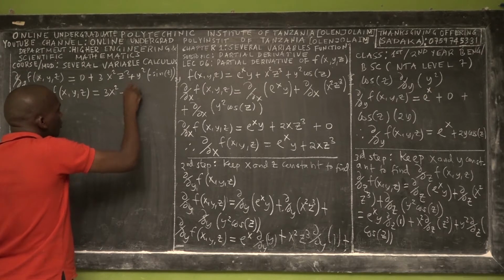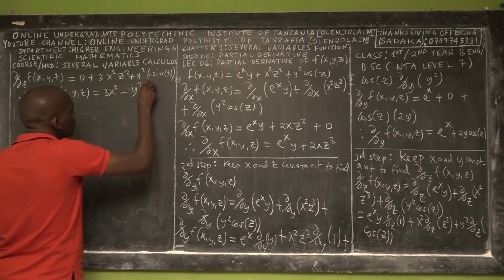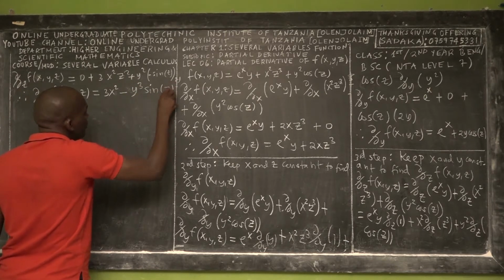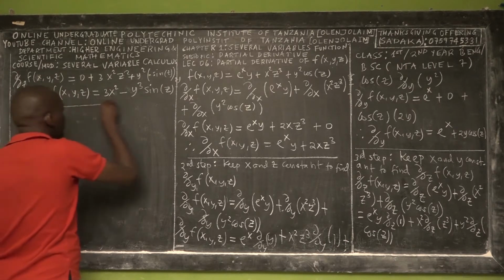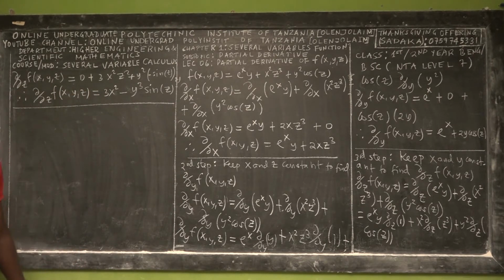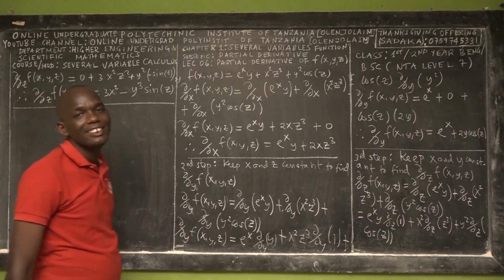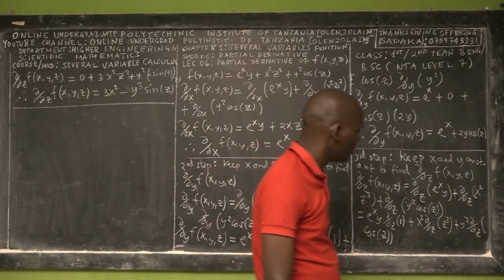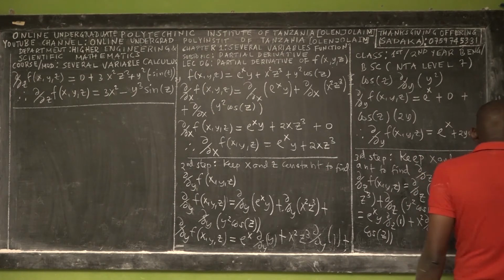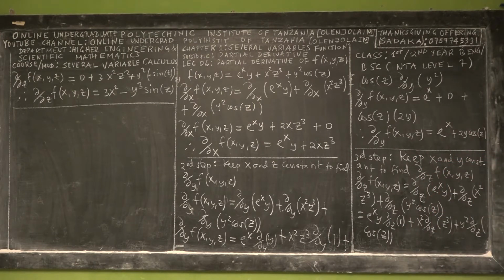Minus y squared sine of z. So this is the response. So that's the end of solution. That's the end of solving example 11.